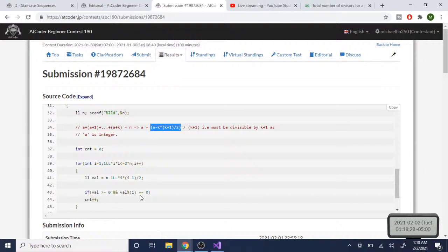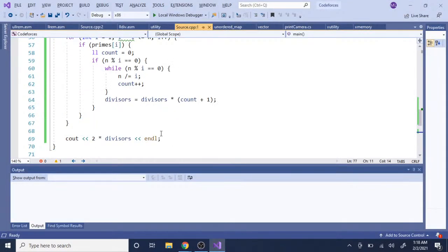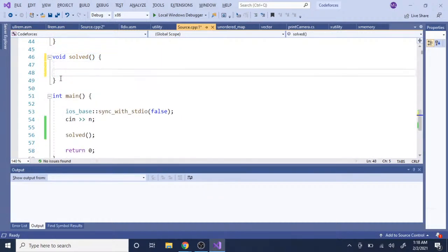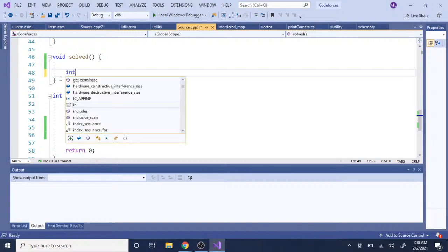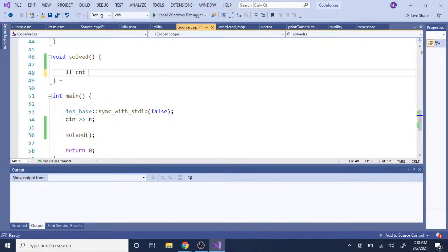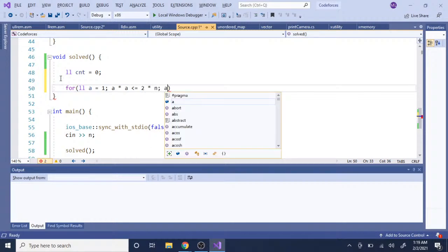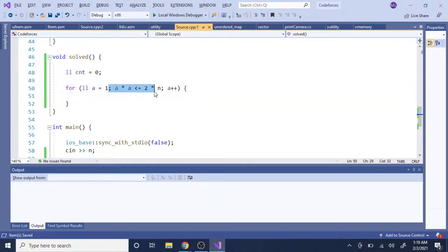So let's actually rewrite this. I don't need this anymore. So we have count equal to 0. What they're doing is looping, actually I'll use a because that's how they're doing it, from 1 to square root of 2n.